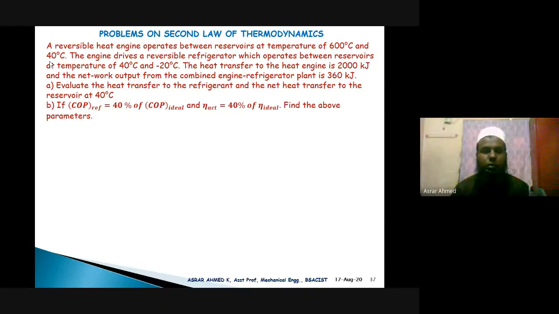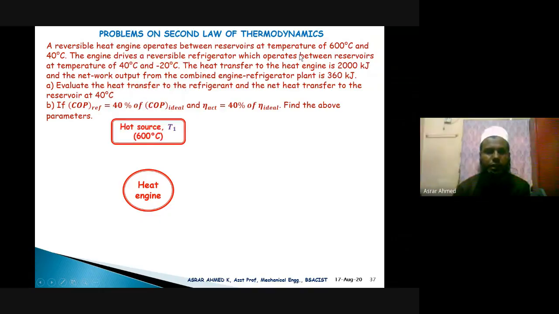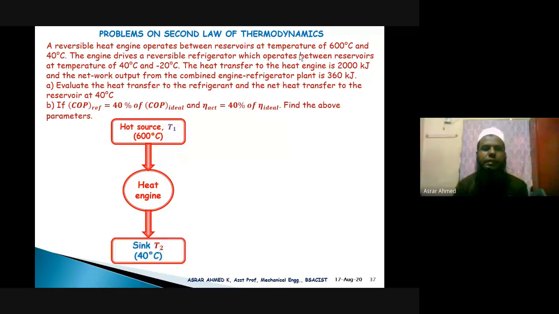Okay, so let us quickly draw the heat engine, something like this. Let us say the layout of the heat engine is like this, and it is a reversible heat engine. It is operating between two reservoirs, one at 600 degrees centigrade and another at 40 degrees centigrade. Let us have a setup like this.